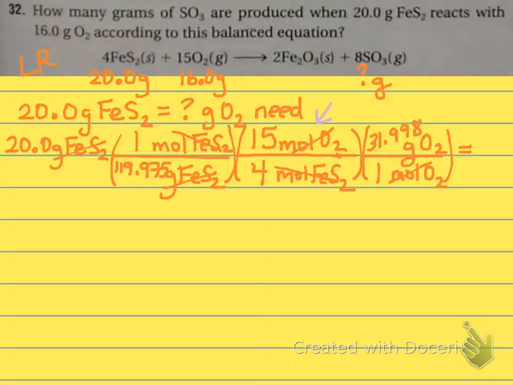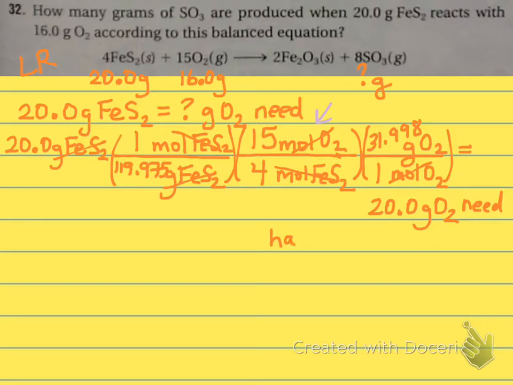So I'm going to take that, multiply it by my 15 times my 20. Divide that by my 119.975 times my 4. And again, I want 3 sig figs. So I got 20.0 grams of oxygen that I need. So remember, that means to react with all the iron sulfide, I need 20 grams of oxygen.